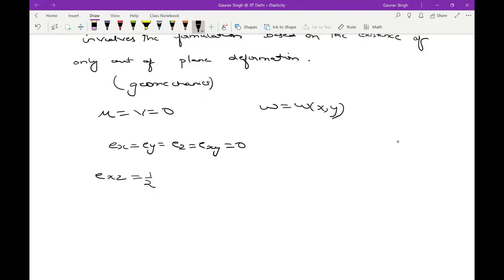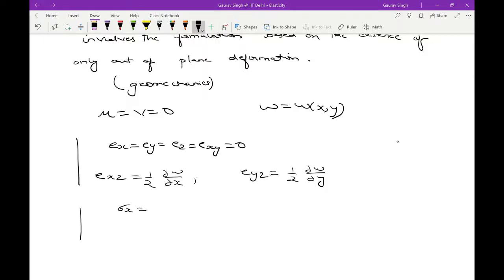That is equal to half. And then you can write the Hooke's law.